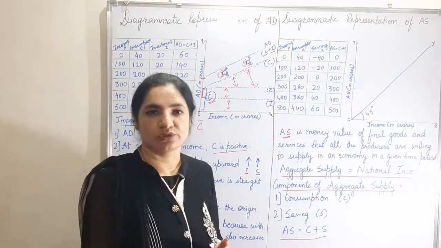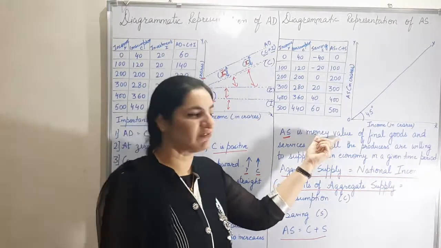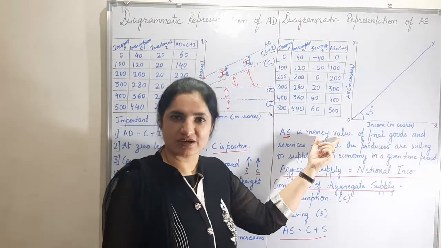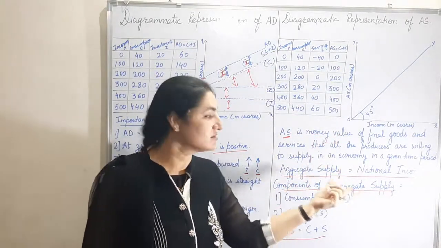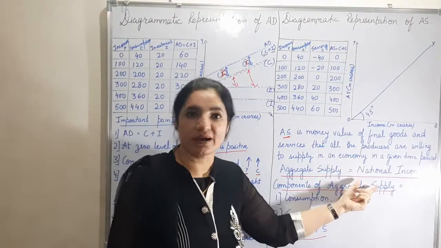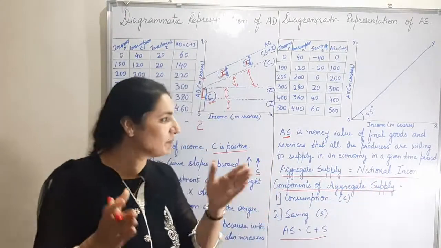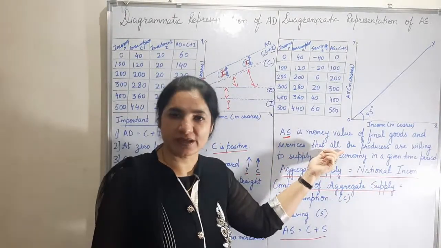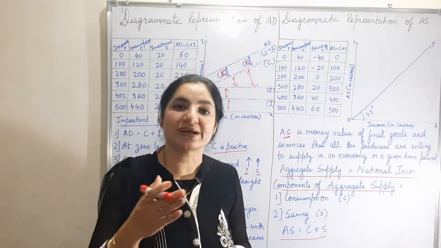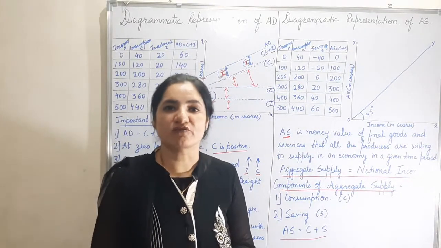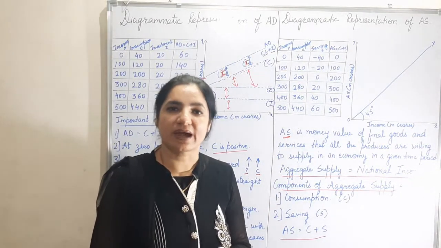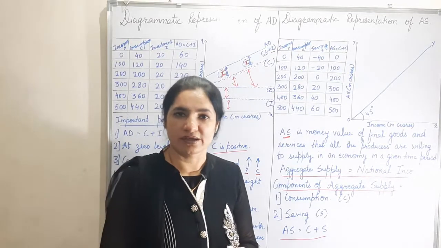That total money value of final goods and services has direct concern with national income, because whatever money value is generated here is distributed as factors of production, that is land, labor, capital and entrepreneur.